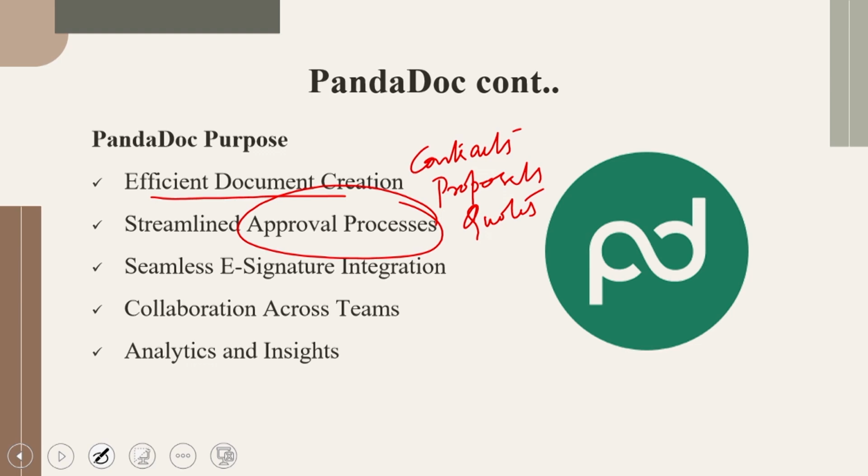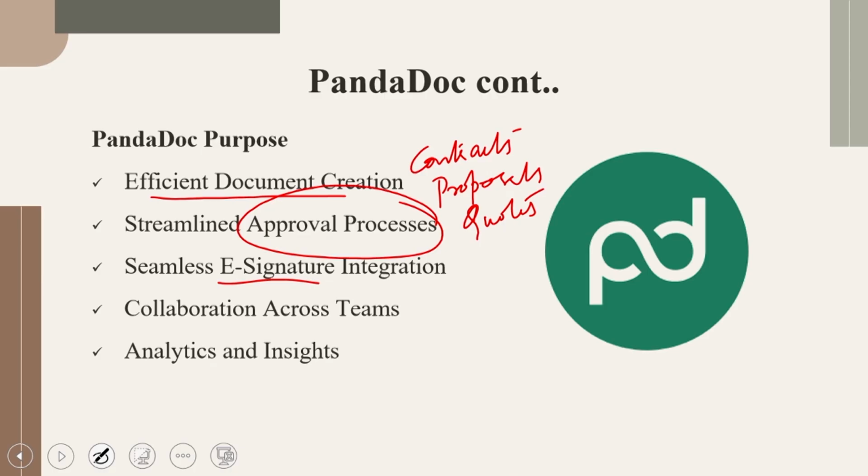Another significant purpose of PandaDoc could be seamless e-signature integration. Now, we are quite familiar with e-signature because it has taken much of a front seat after the pandemic, if I can say like that. People tend to acknowledge and appreciate now the relevance and the importance, and moreover the ease of e-signature.